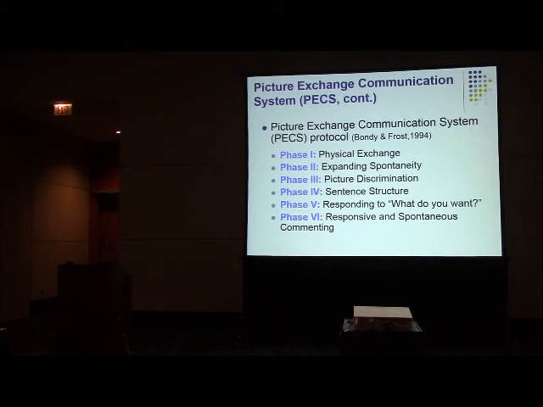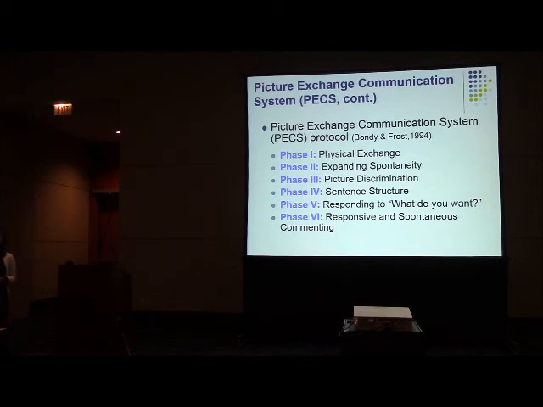With this one, now instead of it just being right across from the person that you're trying to train, it's what we call the distance and persistence phase, where now you're training the student not only to pick it up from here, but also to pick it up from a distance and then go and find you. Because what we find a lot of the times is that the teacher or the interventionist isn't always next to the person with the symbol.